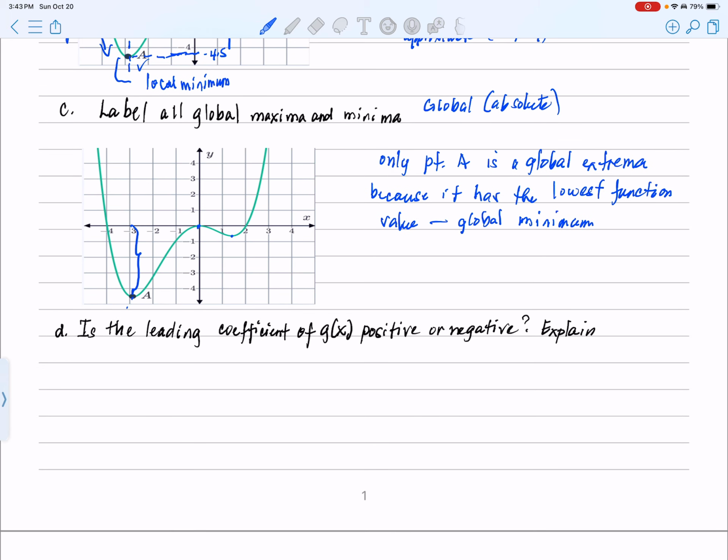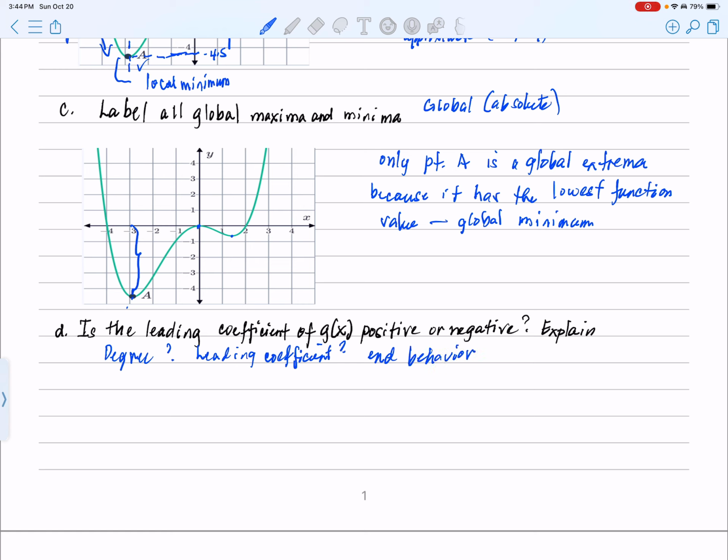The first thing is to know the degree, then know the leading coefficient. Because if you know these two, then you can find the end behavior. So we could tell the end behavior here.